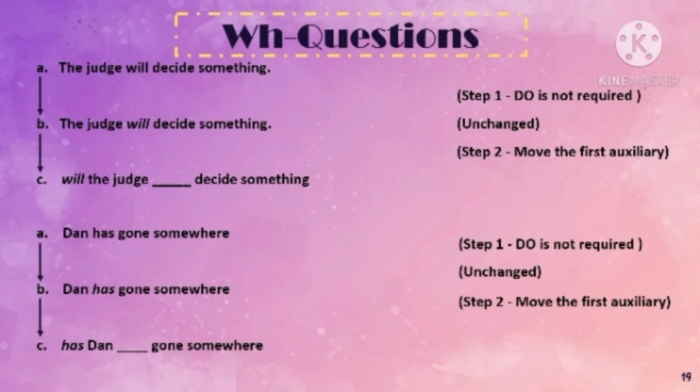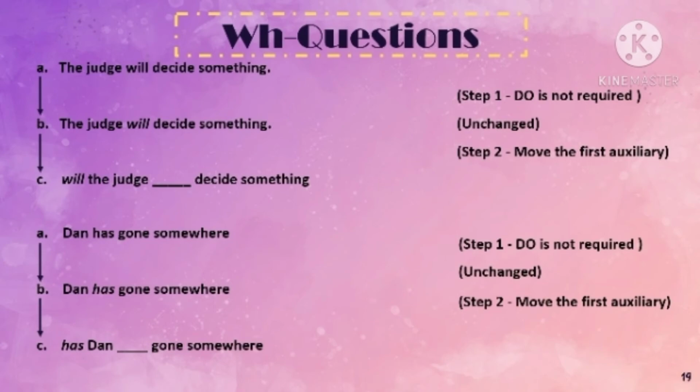The next declarative sentence that we have is the sentence, Dan has gone somewhere. Same with the previous sentence, we must first determine or figure out if it needs a do or it does not.